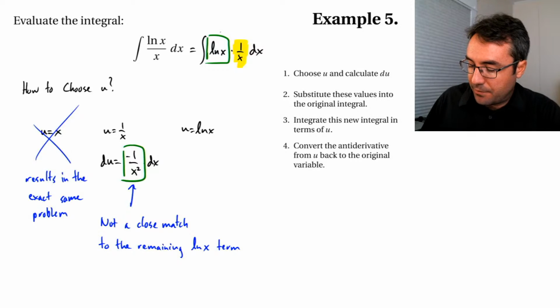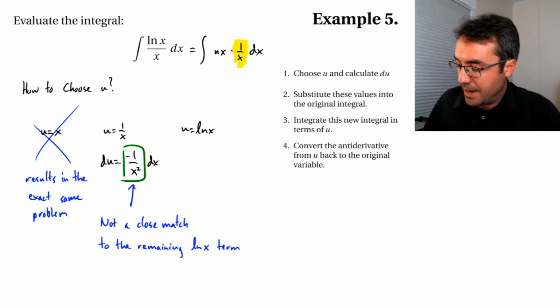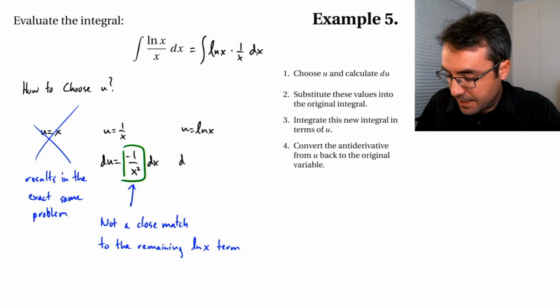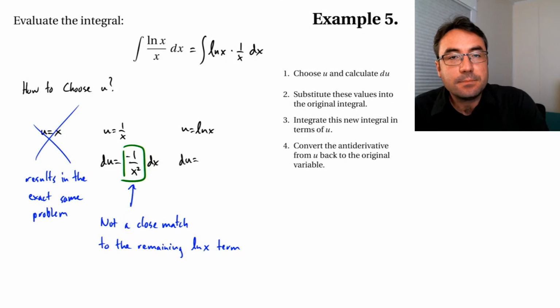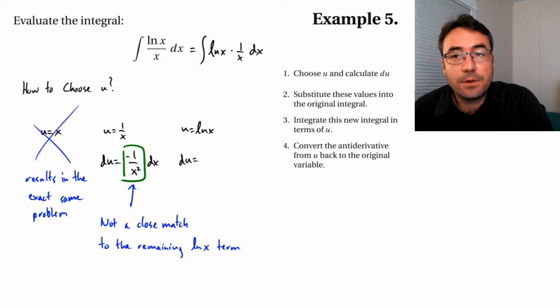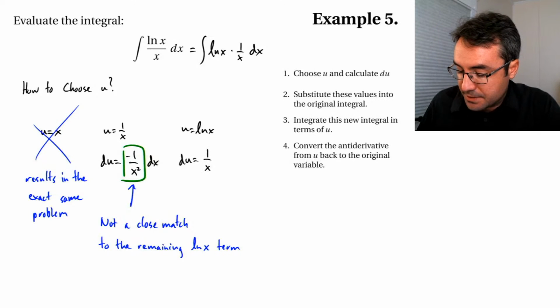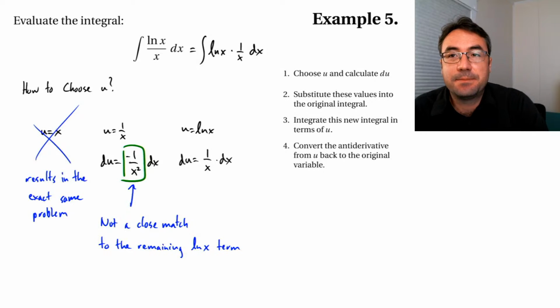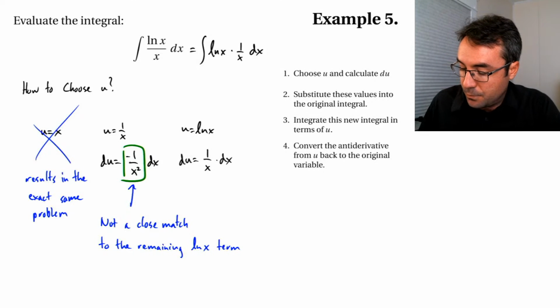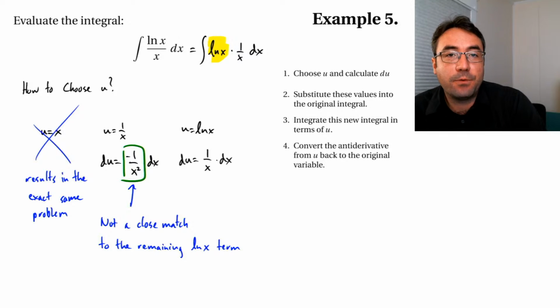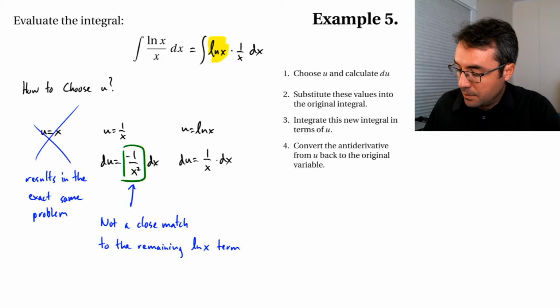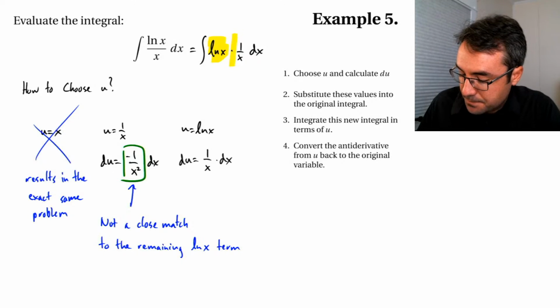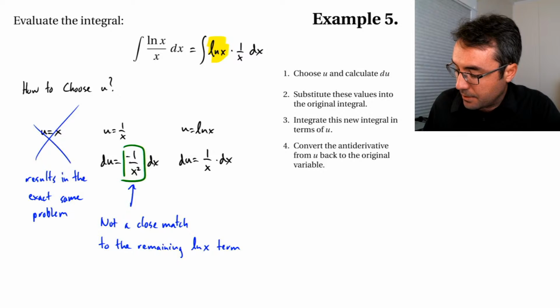So one of our other choices is, all right, let's let u equal the natural log of x, and let's calculate du. What's the derivative of natural log x? Well, it's 1 over x, and then we multiply by dx. And we know the natural log is spoken for. That's our choice for u. So that's good. And then if we look at the remaining pieces, what do we have remaining here?